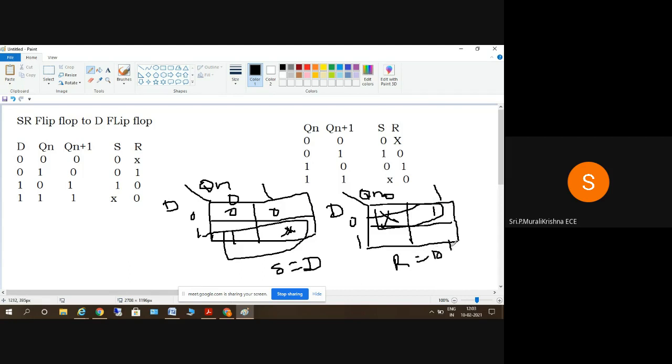Just the similarities are same here. So for a JK flip-flop also we got the same values. Here this is D, this is for S, and an inverter is used here. So this is for R, and this is Q, and this is Q bar, and we'll be using a clock here.